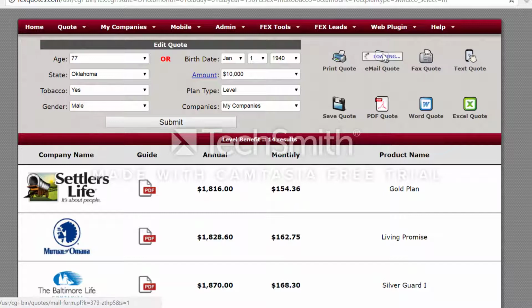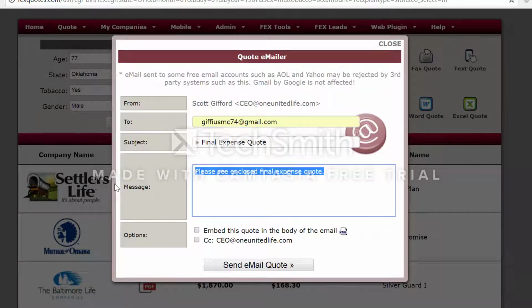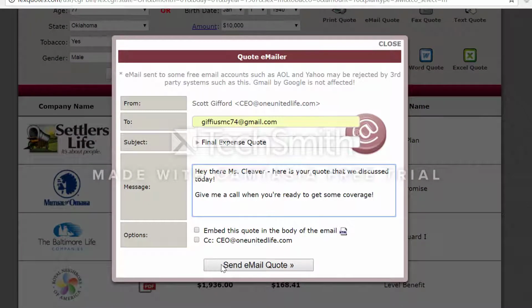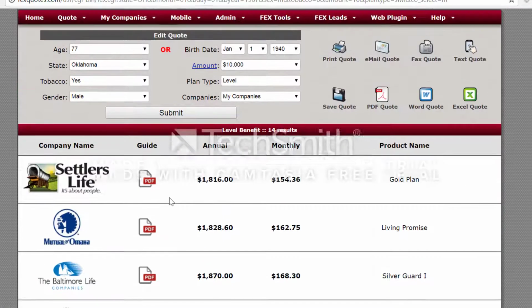So you just click on email, type in the customer's email address, put whatever you want here as the text, and then you just send it to them. And that easy, your quote was sent to the customer.